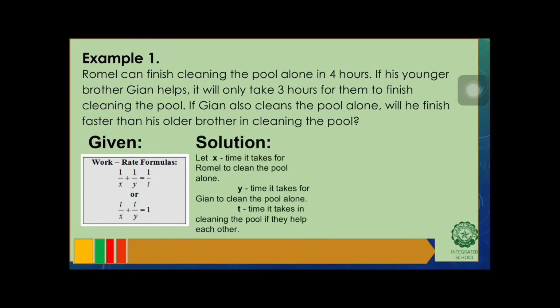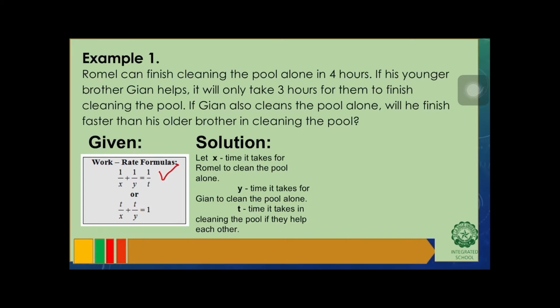In this problem, x is the time it takes for Romel to clean the pool alone. y is the time it takes for Gian to clean the pool alone. And t is the time it takes in cleaning the pool if they help each other. To solve this one, we will be utilizing this formula. So simply substitute the values for your x, y, and t.